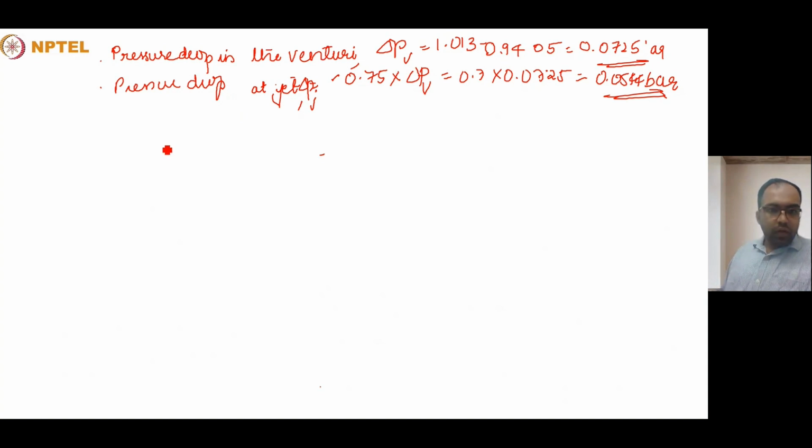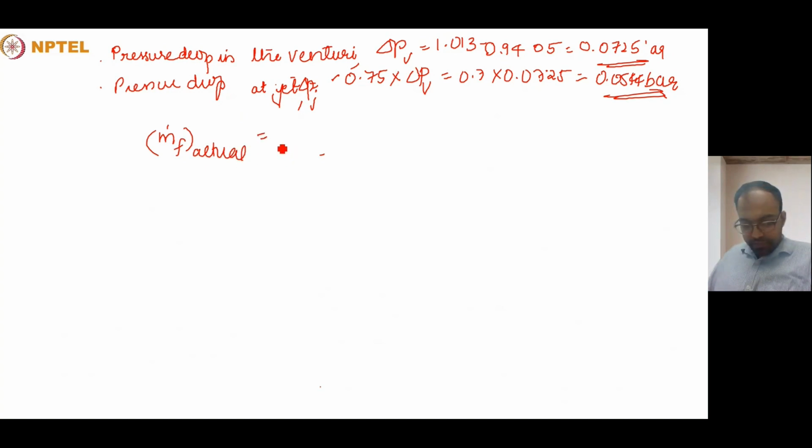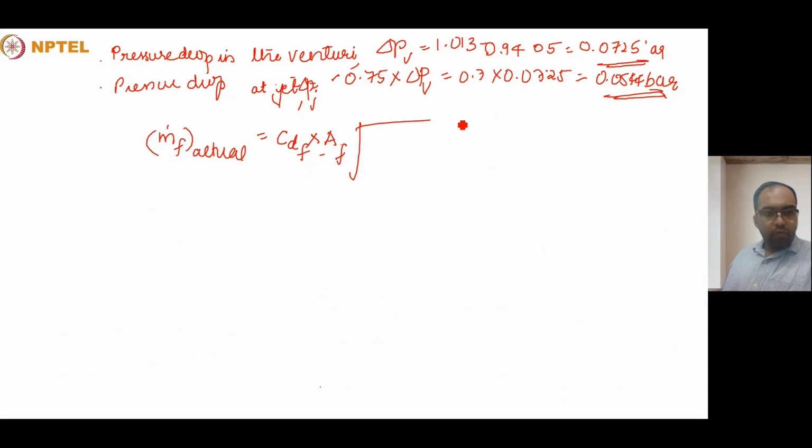So the mass flow rate of fuel can be written as, for the orifice analysis, the coefficient of discharge of the fuel flow into the area of the fuel flowing orifice into the velocity.